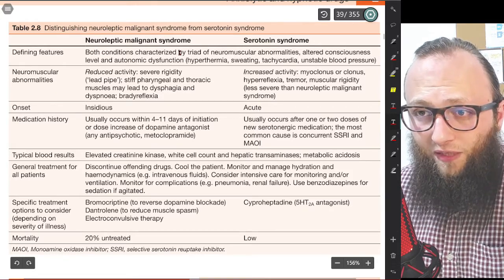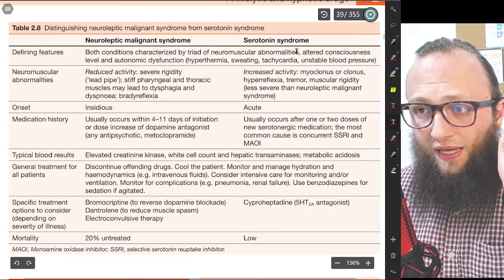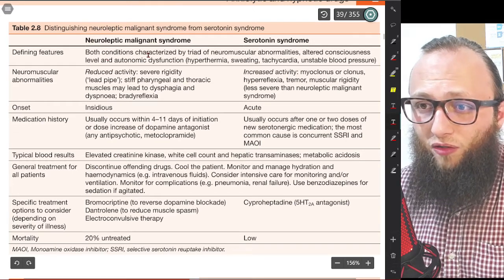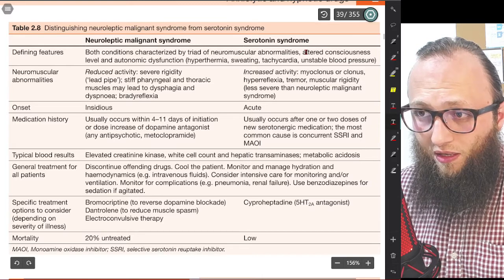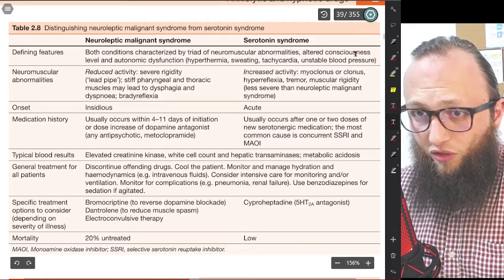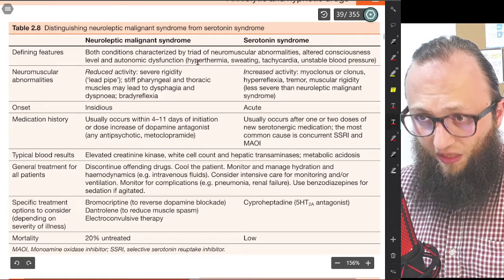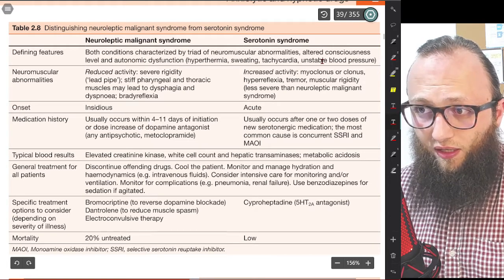Both conditions are characterized by a triad of neuromuscular abnormalities, altered consciousness level, and autonomic dysfunction: hyperthermia, sweating, tachycardia, unstable blood pressure.